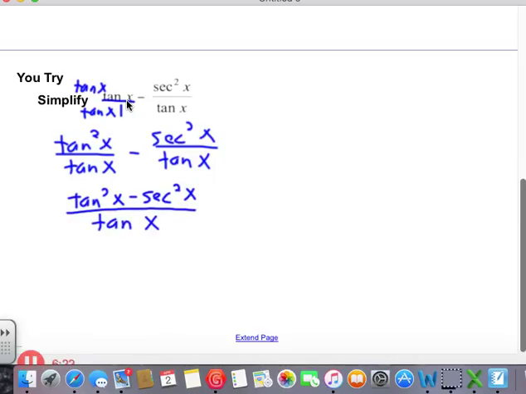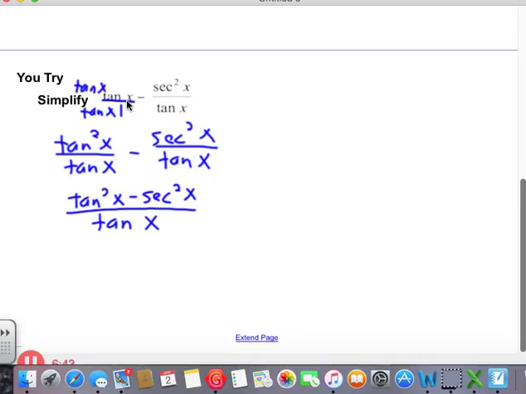Okay, now at this point, you've got to use one of your Pythagorean identities. And the clue to know that is when you start seeing tangent squared and secant squared together, because those are one of your Pythagorean identities. One of your Pythagorean identities says that 1 plus tangent squared is secant squared.